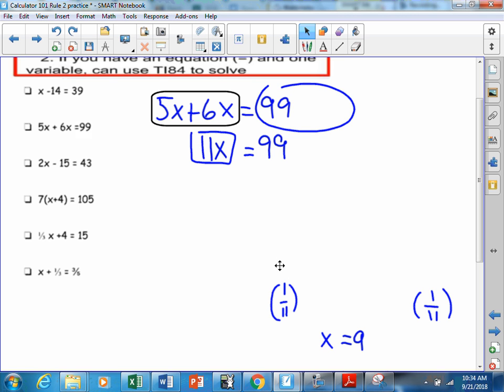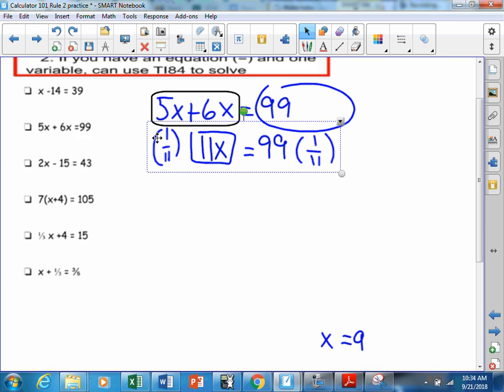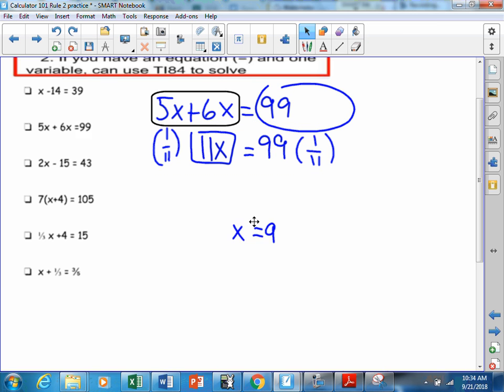In this case, 11 is a number, its reciprocal is 1 over 11. That is the exact same thing as dividing by 11. So I can do some mental math. I know that 11 goes into 99 9 times. Okay, so voila. Using 7th and 8th grade skill sets, we know my answer is 9.